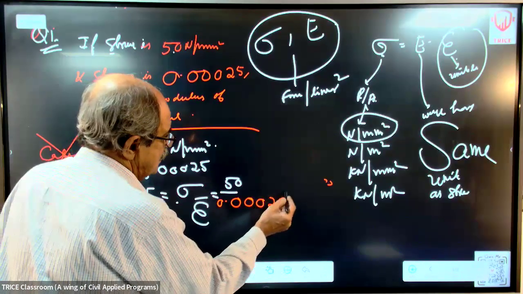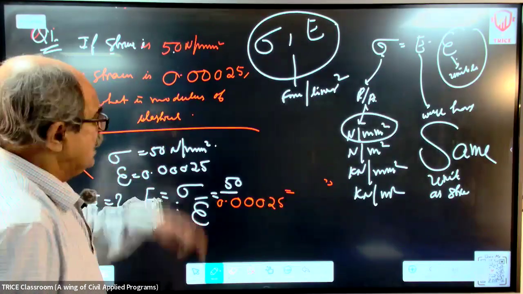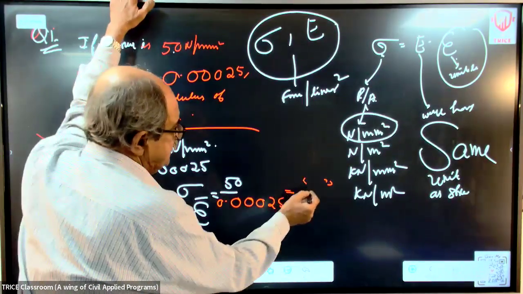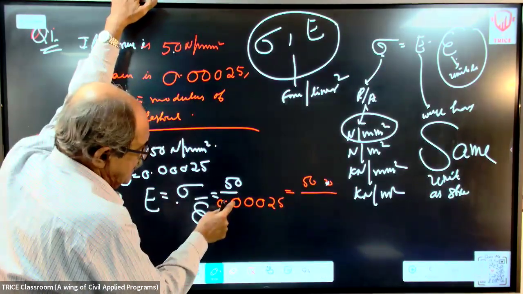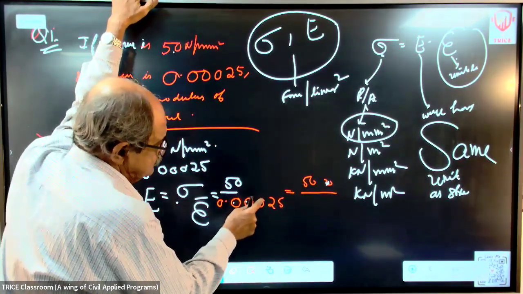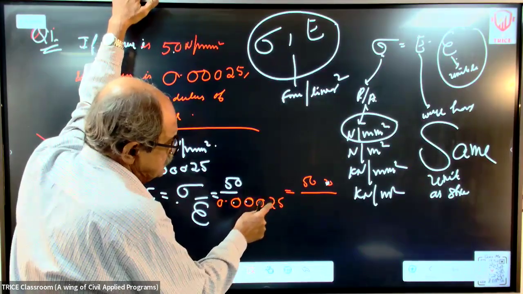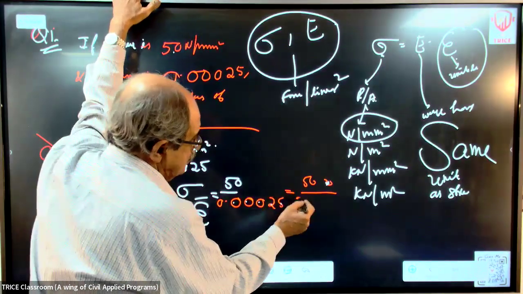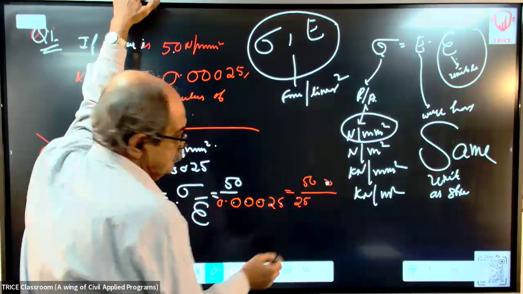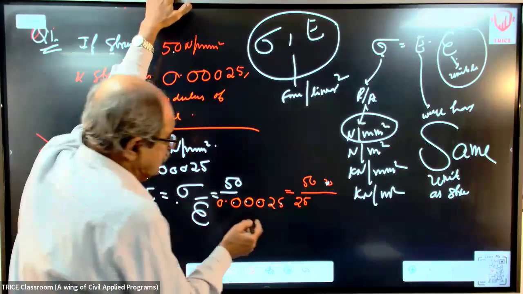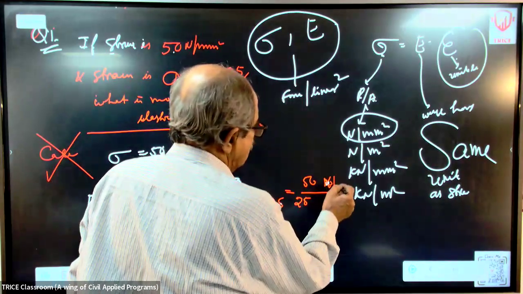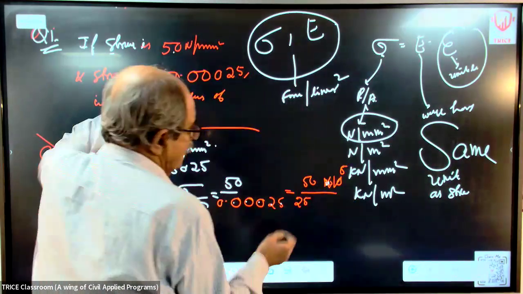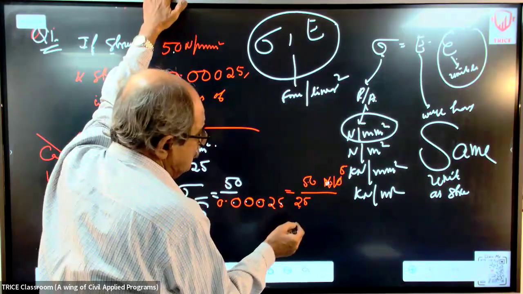See, without a calculator, what to do? 50 divided by 0.0025: 10, 100, 1000, 10,000, 1 lakh, 25. Then you multiply both by 1 lakh. So 50 into 10 to the power 5, divided by 25. 50 by 25 is 2.